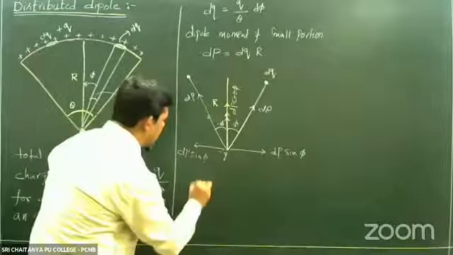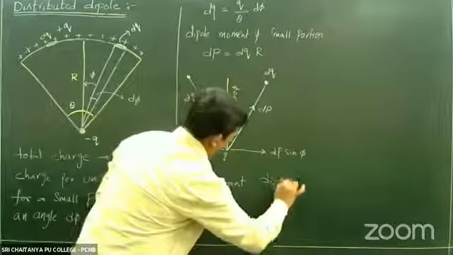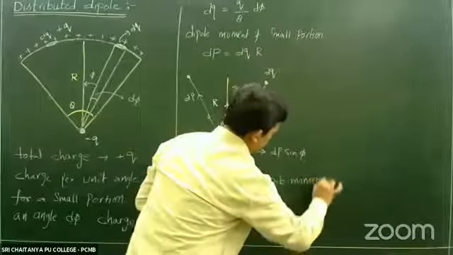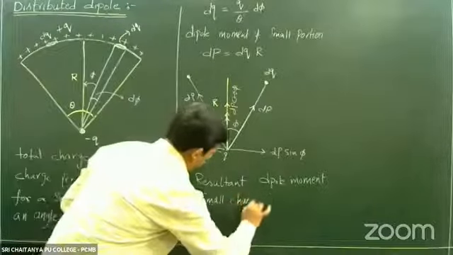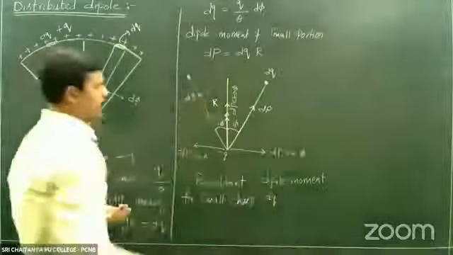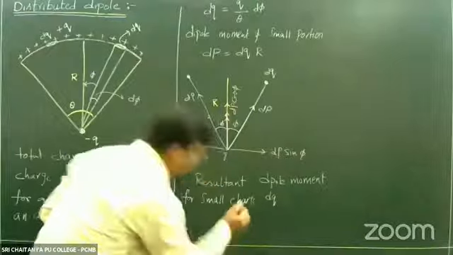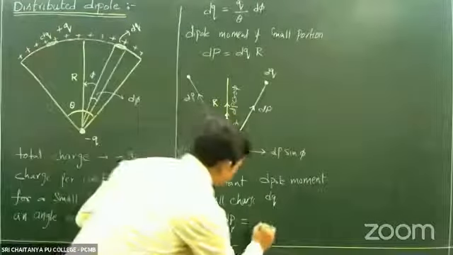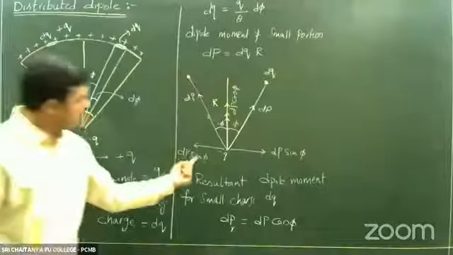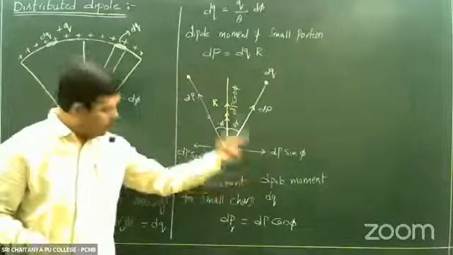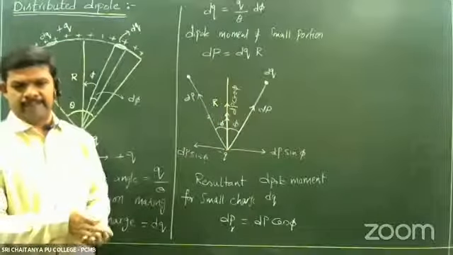So what is the resultant dipole moment for small charge dq? dp net, dp resultant you can take, dp cos phi, because sine components are cancelling out, only cos components remain, dp cos phi, right?